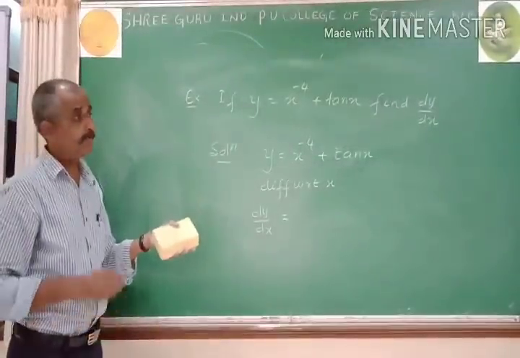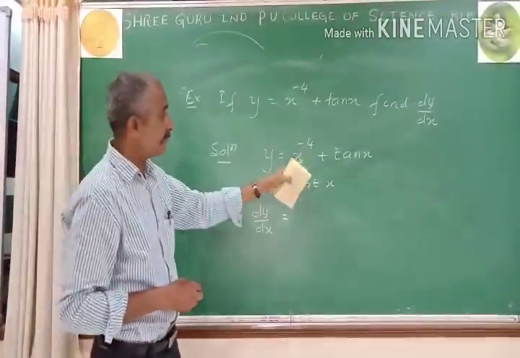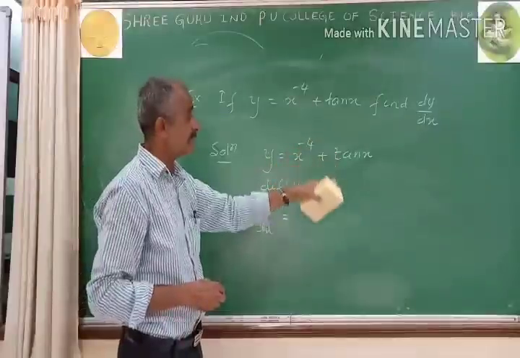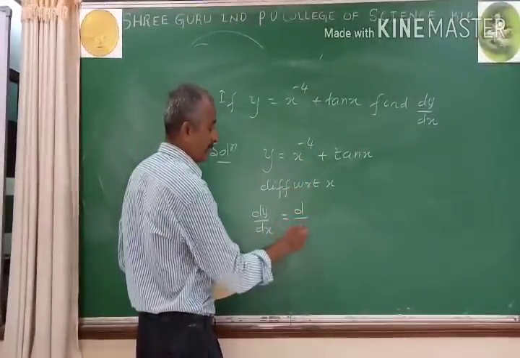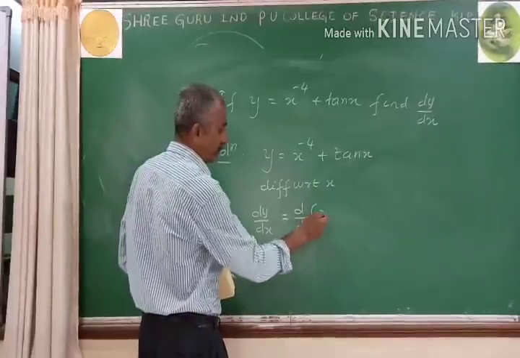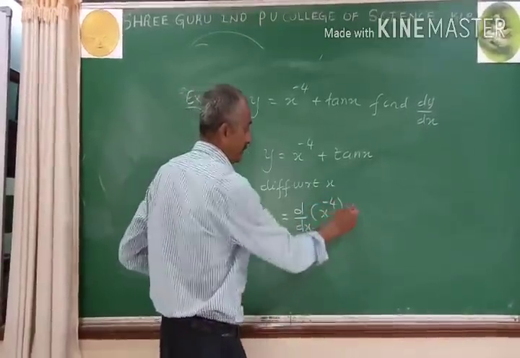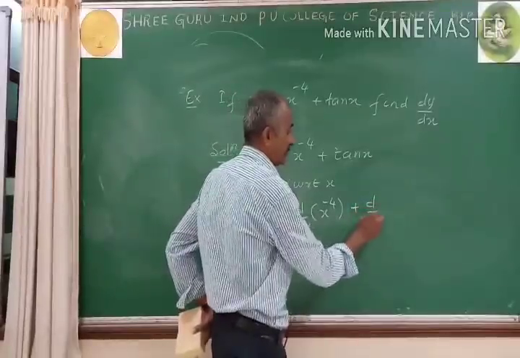By the sum rule we apply the differentiation for x to the power of minus 4 plus the differentiation for tan x. That means it is now dy dx of x power minus 4 plus dy dx of tan x.